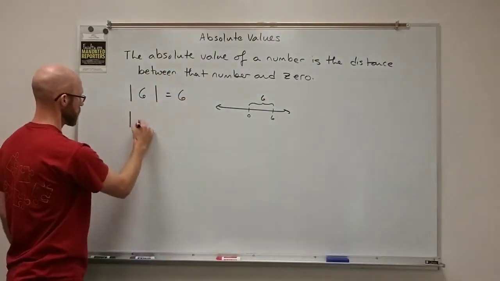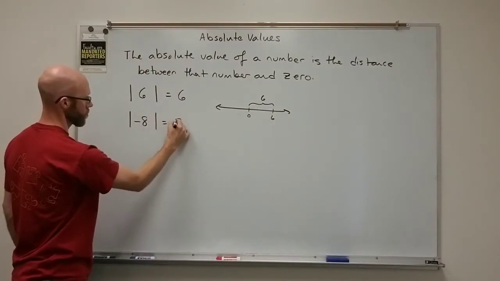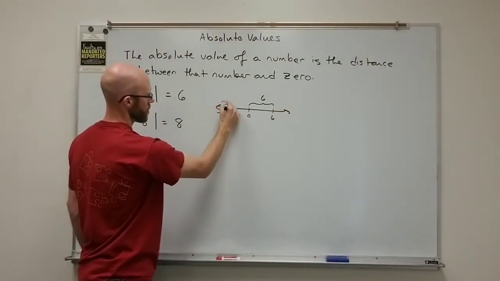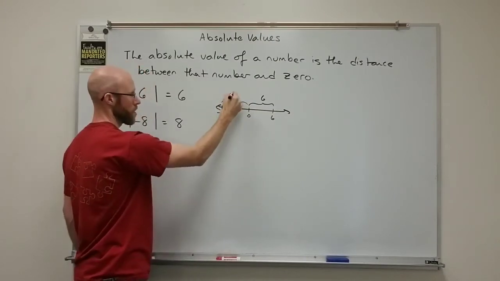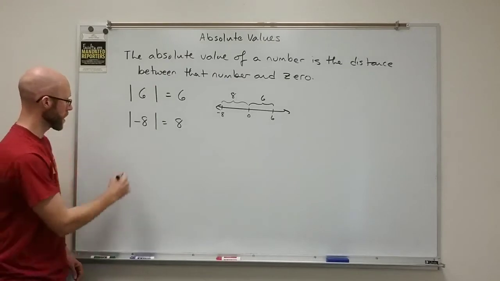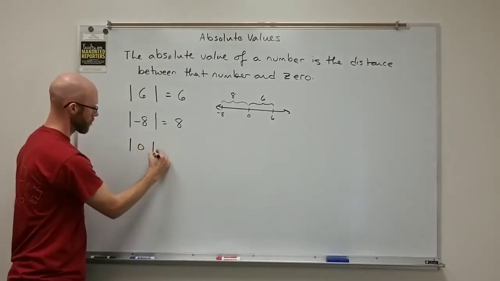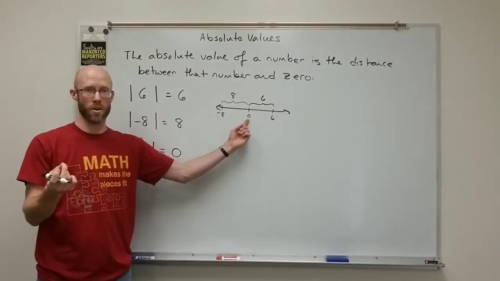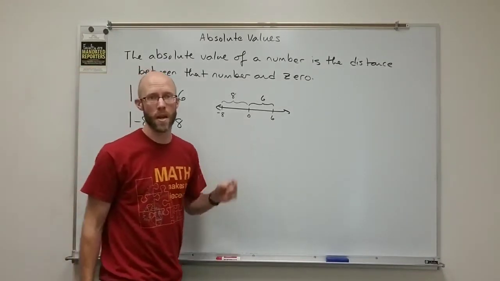The absolute value of -8 is, of course, 8 because the distance between -8 and 0 is 8, okay? And the absolute value of 0 is 0 because the distance between anything and itself is 0, okay?